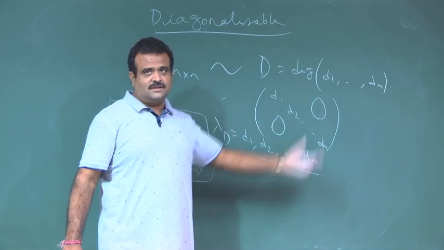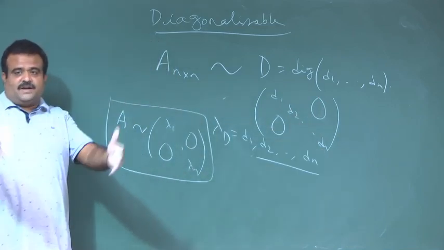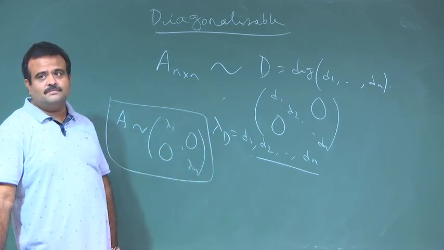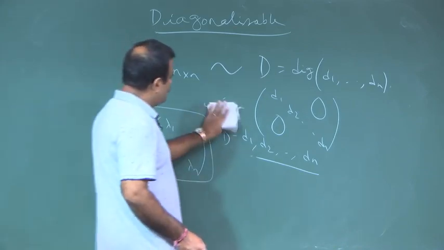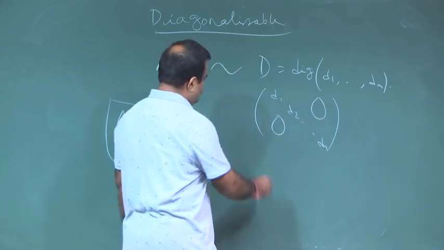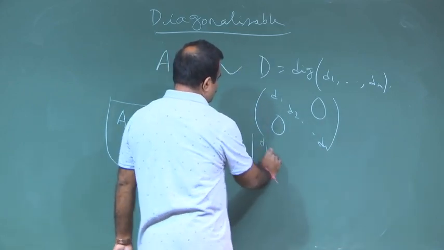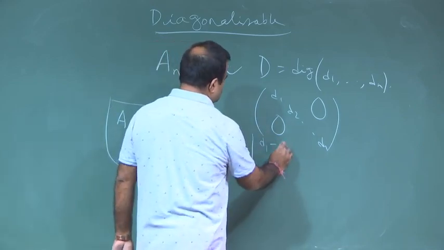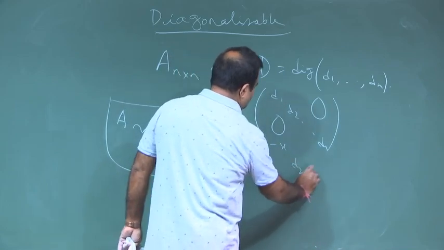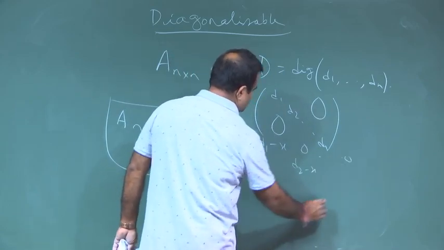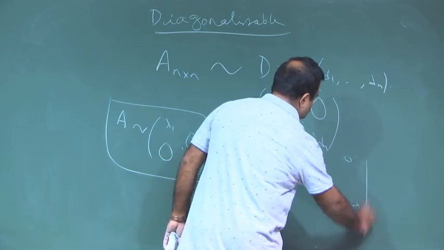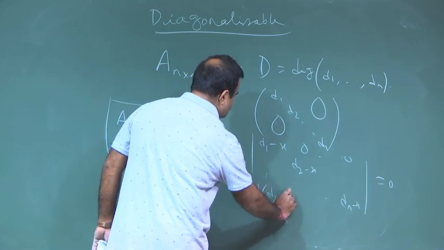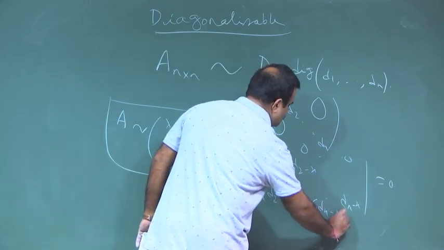These two matrices have the same eigenvalues. For a diagonal matrix the eigenvalues are the diagonal elements. What is the characteristic equation? It is the determinant of the matrix with D1 minus x, D2 minus x, up to Dn minus x on the diagonal and zeros elsewhere, equal to 0. This gives (D1 minus x)(D2 minus x)...(Dn minus x) equal to 0.